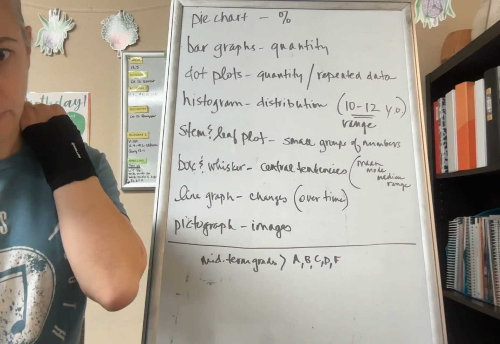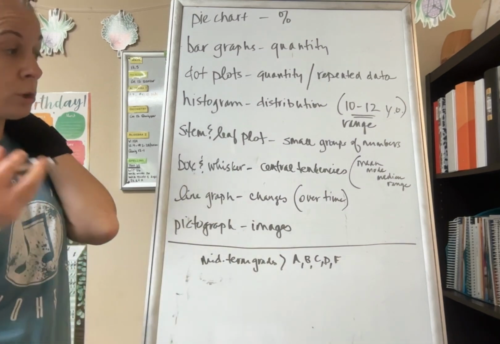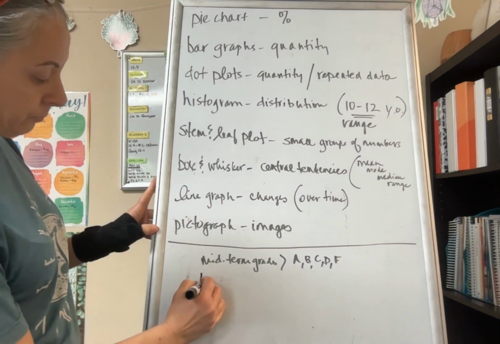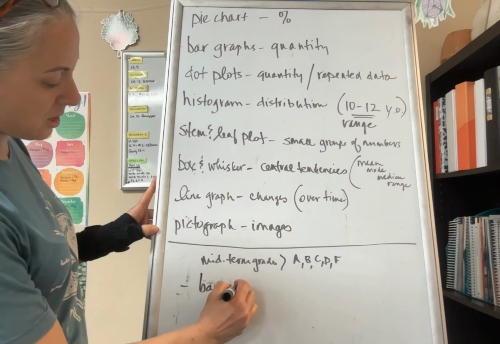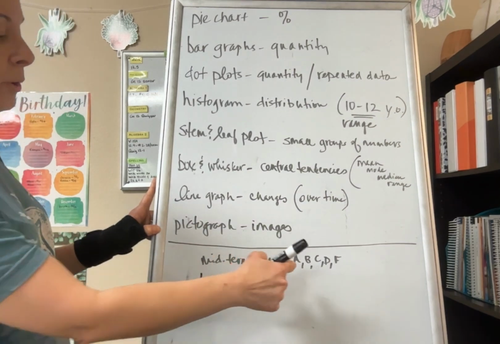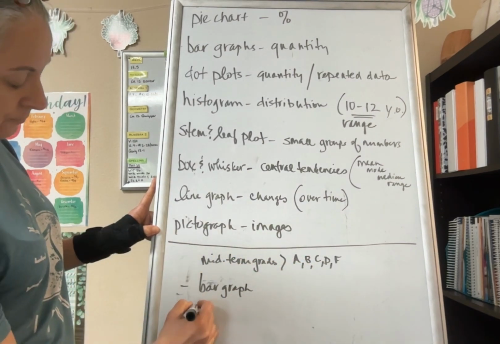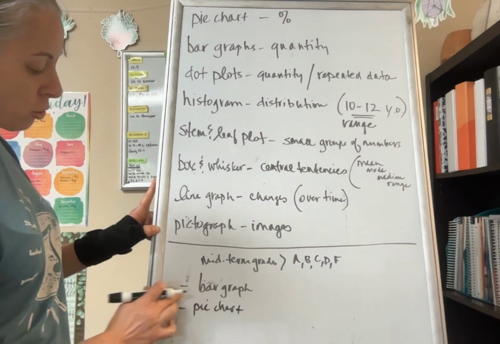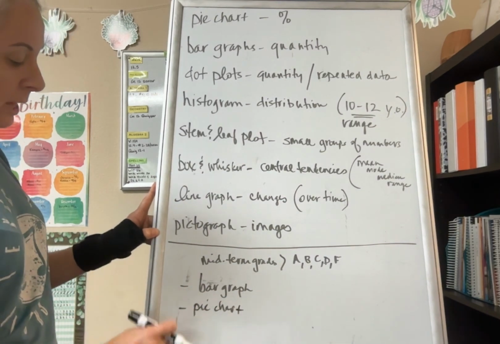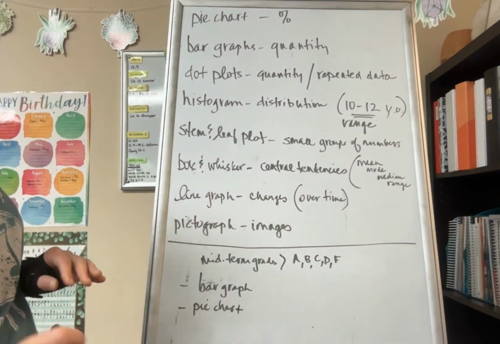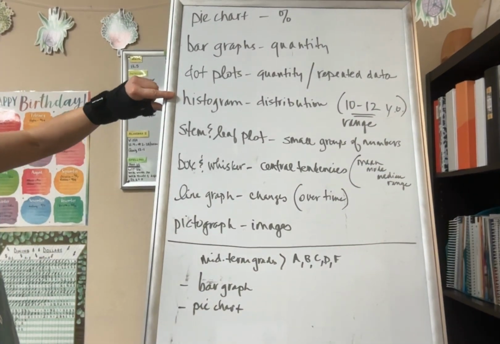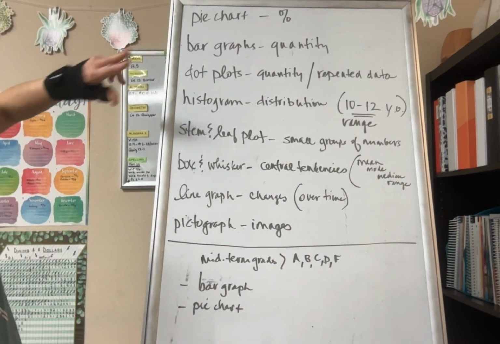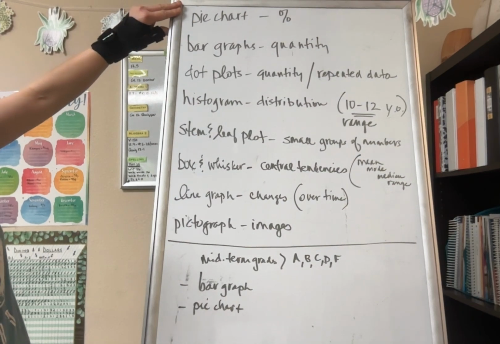Bar graph. You could use a bar graph. You could also use a pie chart. Stem and leaf. A stem and leaf wouldn't work with letters. We don't have numerical grades for these people. We just know their letter grade. So stem and leaf wouldn't work. We don't need a histogram because that would be a range, right? So a bar graph would work. A pie chart could work.